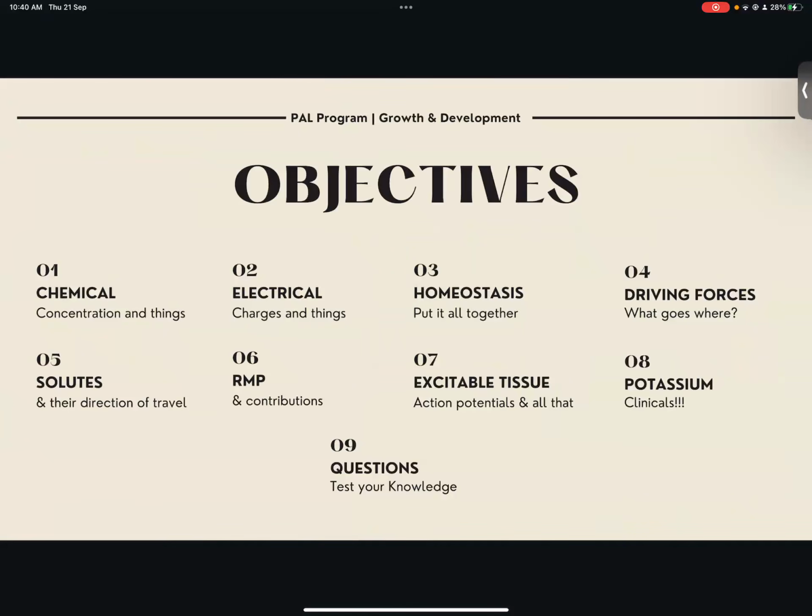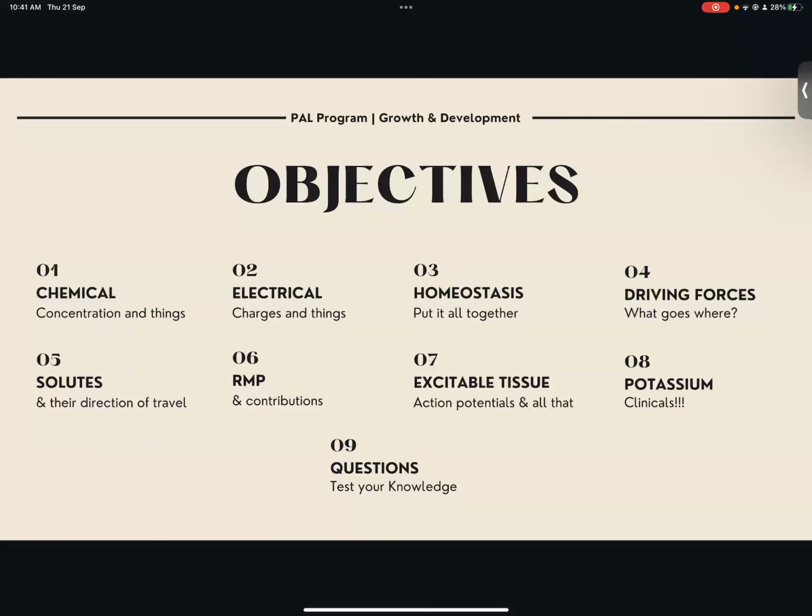Let's get started. Bismillah. These are the objectives we're going to cover today. First, the chemical aspect of things: concentrations, concentration gradients, and which way things move depending on which solution is more concentrated. Then the electrical aspect: the charges of those ions, which way those charges move, and what diffusion potential grants which movement of which charges.